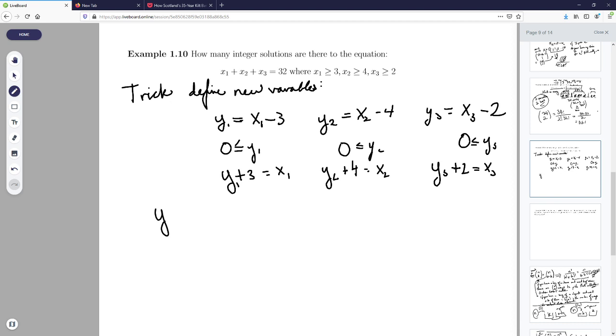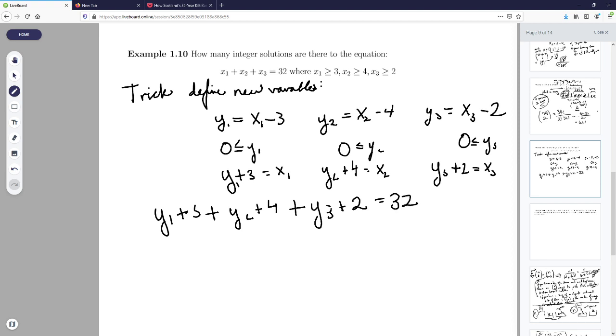So you go y1 plus 3 plus y2 plus 4 plus y3 plus 2 is equal to 32. So then what we do is we collapse all these terms and subtract.